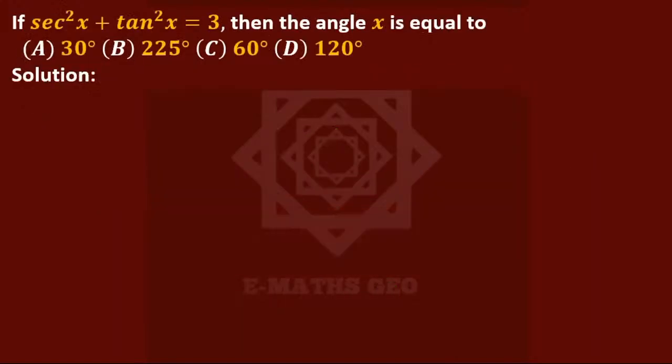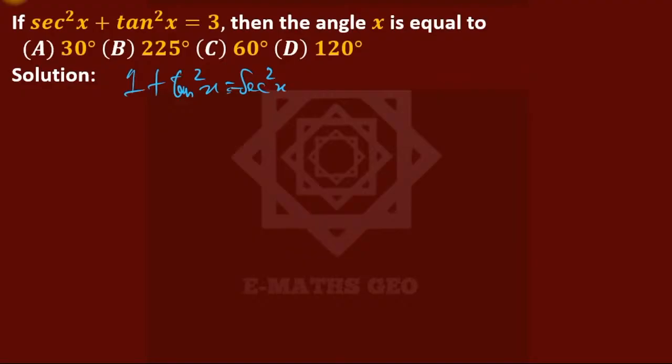So let's look at this one. We are told that if sec squared x plus tan squared x is 3, then the angle is dash. First of all, sec and tan are related from our Pythagorean identity: 1 plus tan squared is sec squared.